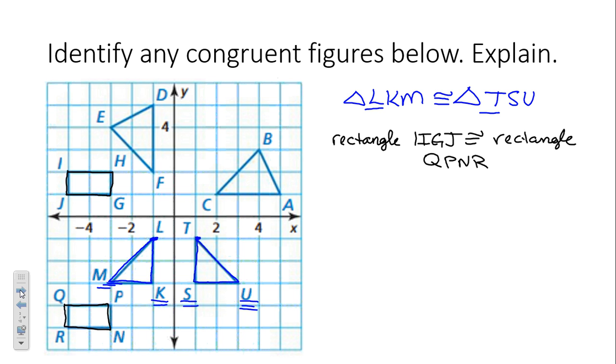could I have said that IHGJ is the same as RNPQ? Is it out of order?